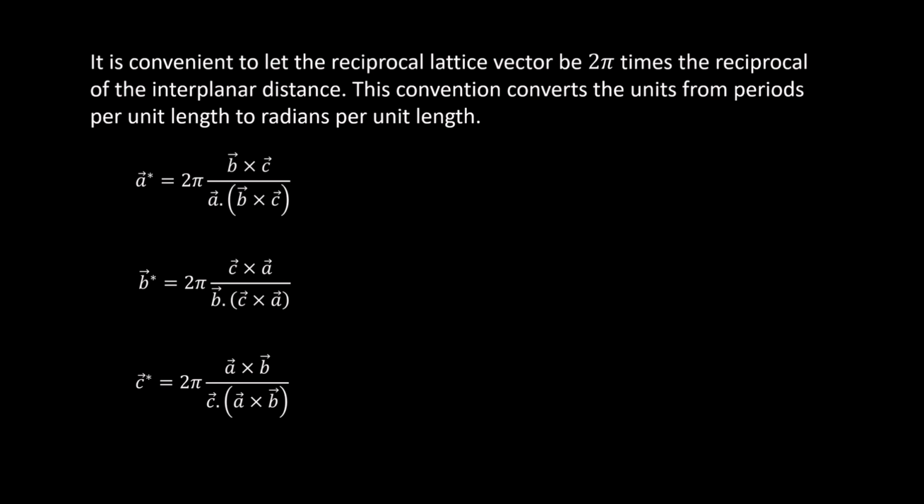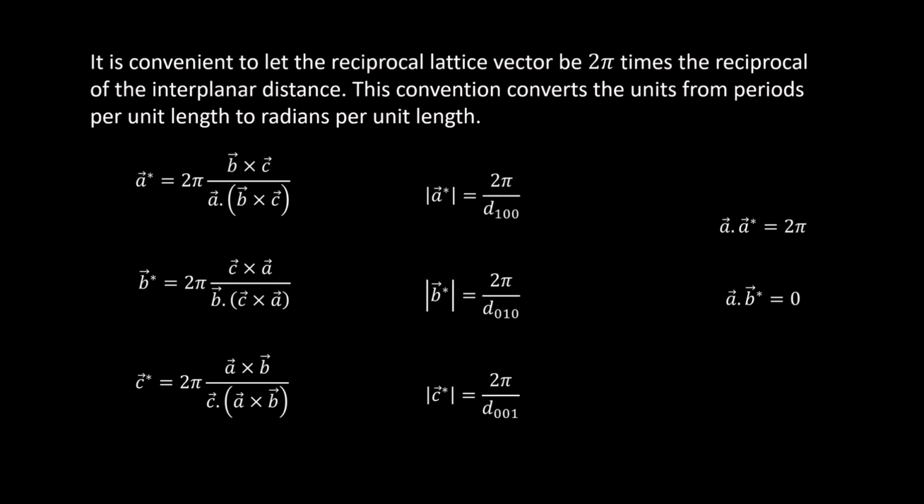It simplifies the comparison of different periodic phenomena. For instance, k, the wave vector, has an absolute value of 2 pi by lambda. If we choose this convention, we can compare the two values directly. All it does is expand the size of the reciprocal lattice.